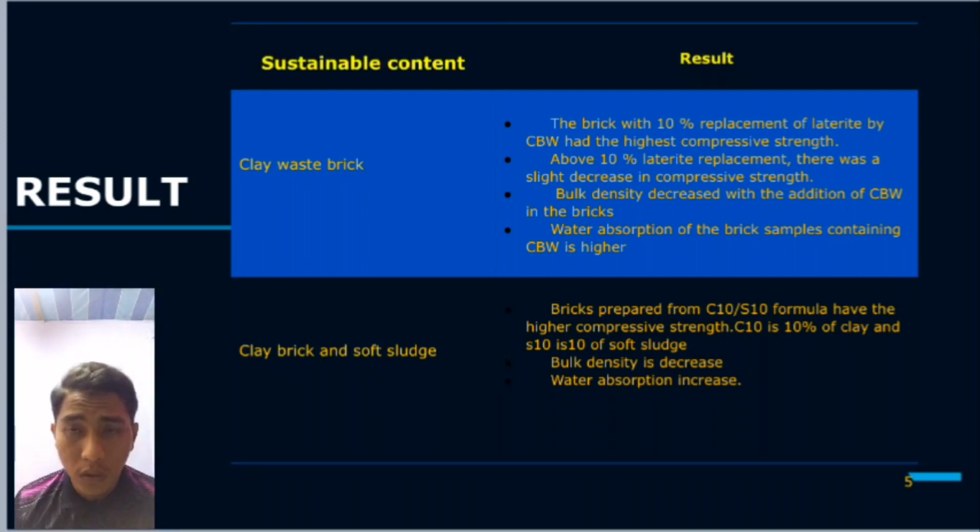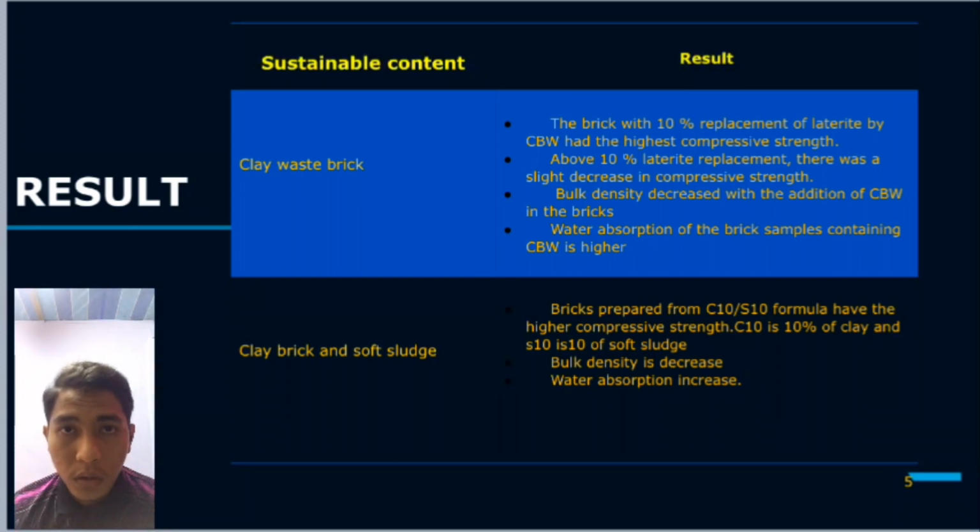Then, in terms of bulk density, the bulk density decreases with the addition of clay waste brick in the brick. Then, the water absorption of the brick samples containing clay waste brick is higher.